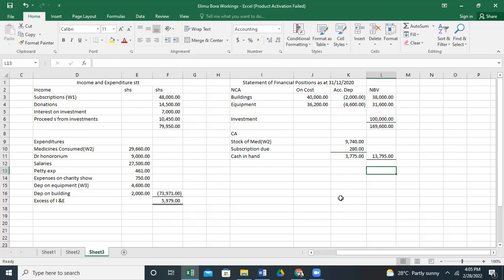So with this figure, I'll need now to go to the current liability. In this category now, we are going to have the prepayment, or what we call the prepaid expense. Remember, in the revenue recognition concept, we are supposed to recognize income once we earn it, not when we receive money. So I have the subscriptions that were received in advance.